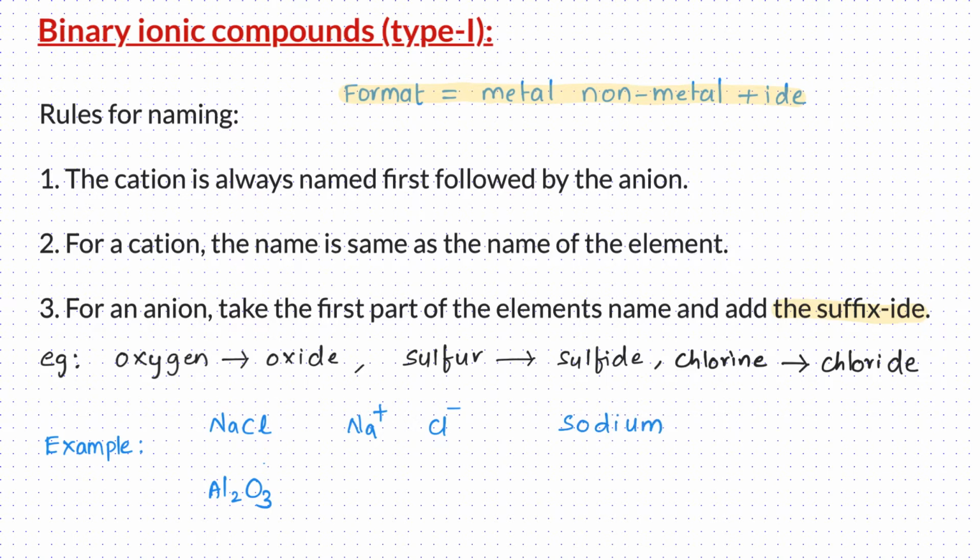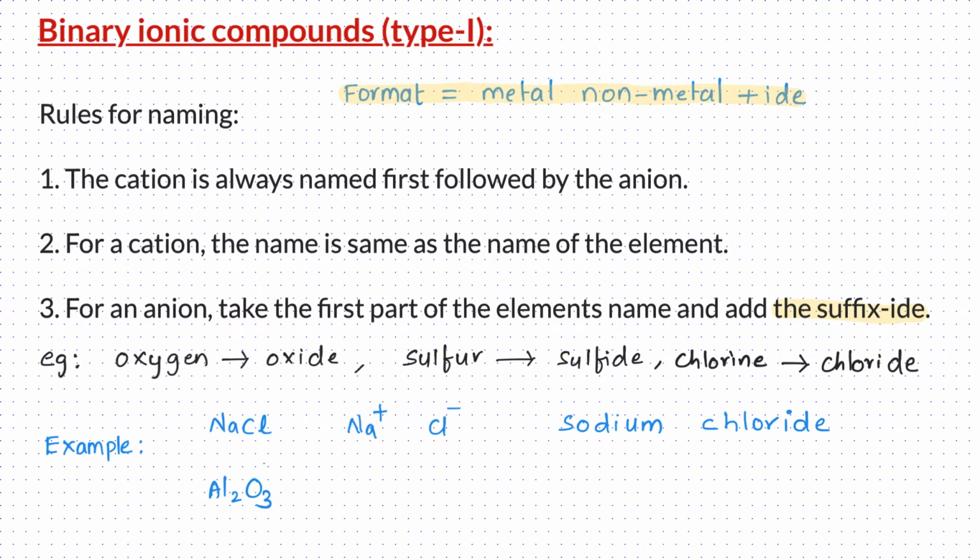The Cl- is named by taking the first part of its element's name, which is chlor, and adding the suffix -ide. That is, chlorine becomes chloride. Therefore, NaCl is sodium chloride.